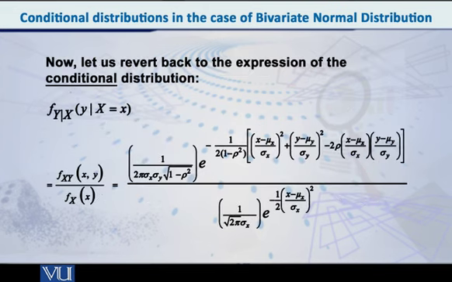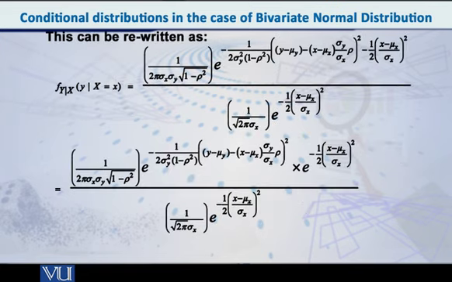F of y given x is equal to, in the numerator, the PDF of the bivariate normal distribution, but the exponent written in the form that I just now presented to you, that you saw on the screen after a number of steps. And what is that expression? E raised to what?